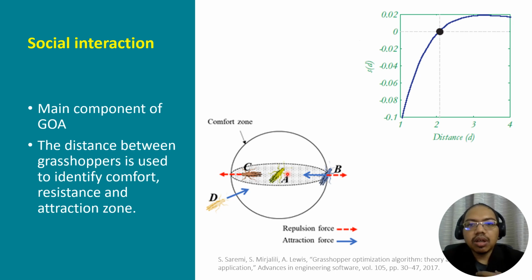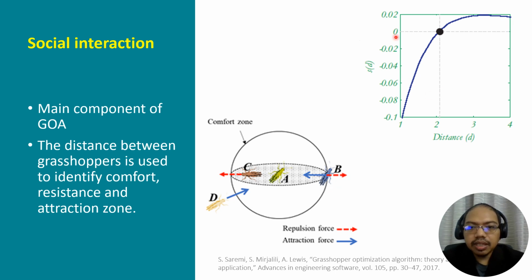It is going to move away from grasshopper C. Now what about grasshopper B? Grasshopper B is within what we call an attraction zone, meaning that the grasshoppers are attracted to each other. And then we have the third one, the comfort zone. During this zone, the grasshopper is not going to move, it's just going to be static.